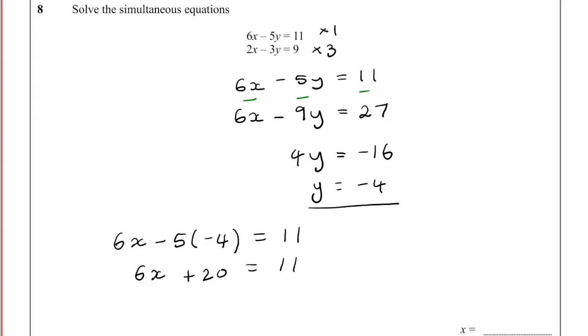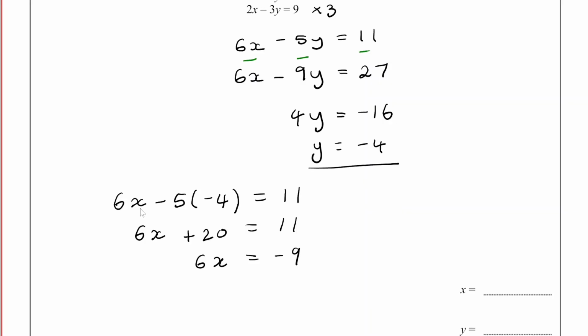Take away 20 from both sides. That's negative 9. And then divide by 6. X is negative 9 over 6, or negative 3 over 2, or negative 1.5. So x is negative 1.5, and y is negative 4.